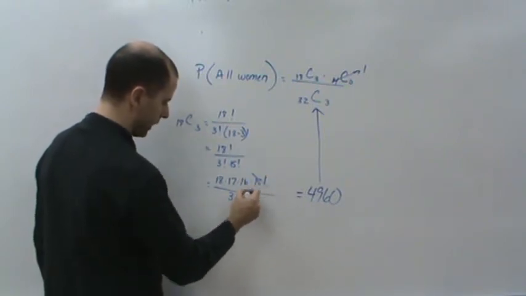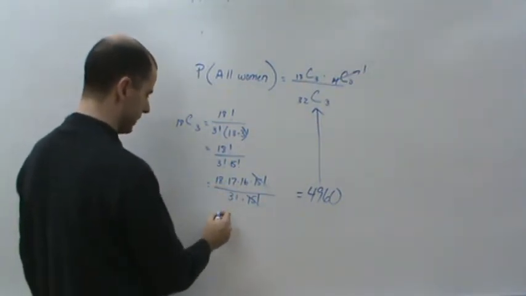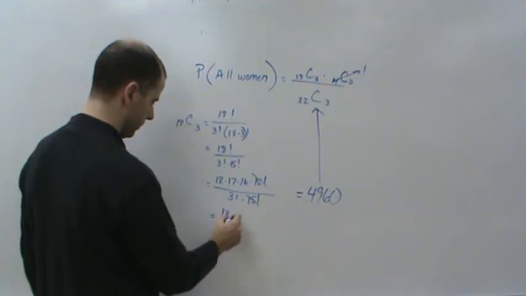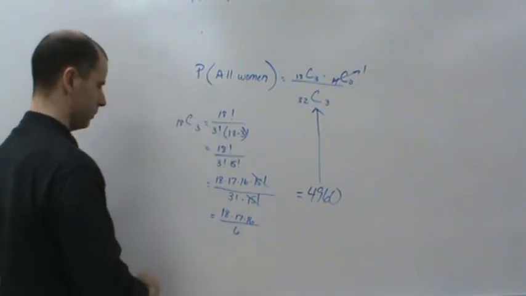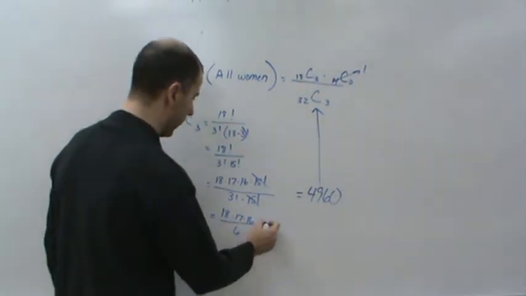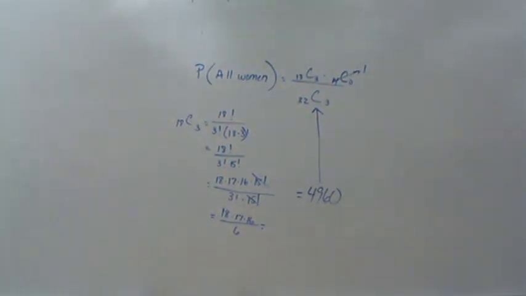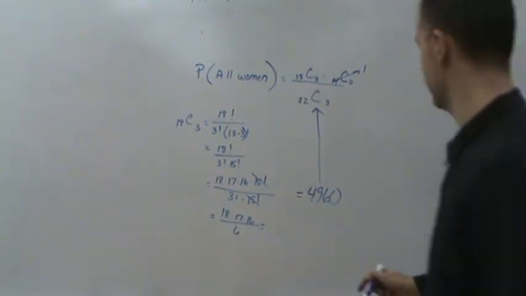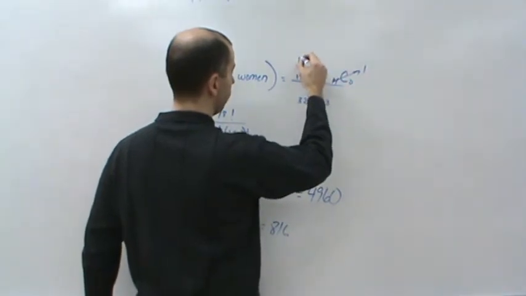And so the factorials cancel out again. And so look at that. I get 18 times 17 times 16 divided by 6. And so how many different ways can I choose all women? It's going to be 816.